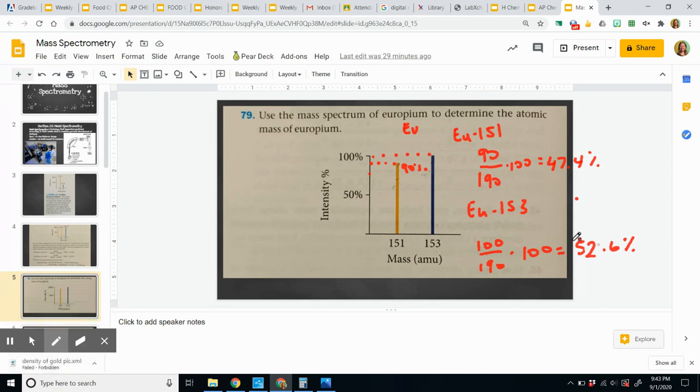We get to do the second part, which is to change these to the decimal form and multiply by the actual mass, 151, and change this to the decimal, times the actual mass of 153, and then add them up. So let's do that over here. So we have 0.474 for the percent of 151 plus 0.526 times the mass of 153.